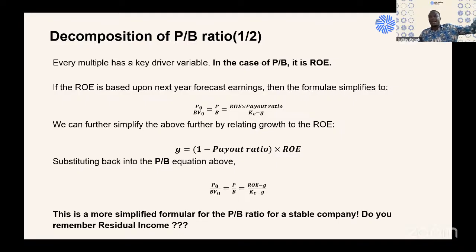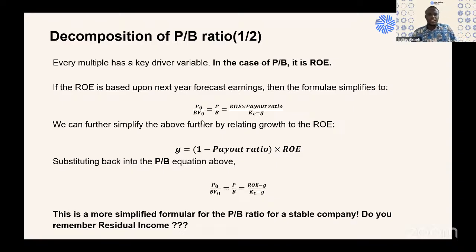Then we also take the price to book justified by the company fundamentals, here the ROE and a growth rate. When we compare the two, we can see whether the company's stock is overvalued or undervalued. That is one thing I want you to take note of.